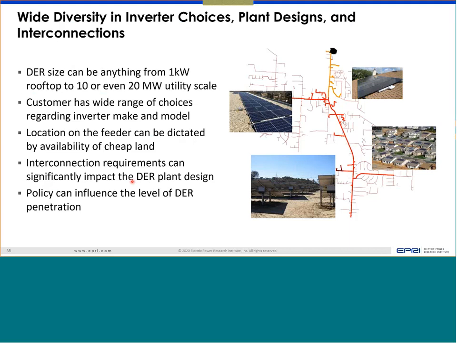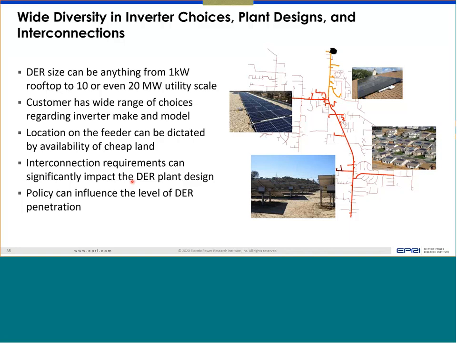Another part is customer choice. In a lot of cases, the customer has a wide variety of choices. It's not like your cap banks and regulators, with only 2 or 3 brands. There are maybe 30, 40 brands of products available in the market. Location: it can be installed anywhere. There's cheap land, maybe at the end of the feeder, thin wire, but land is cheap, so people will request a connection there.